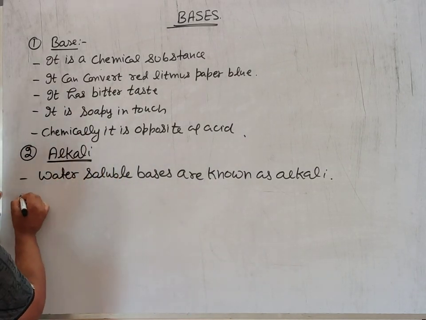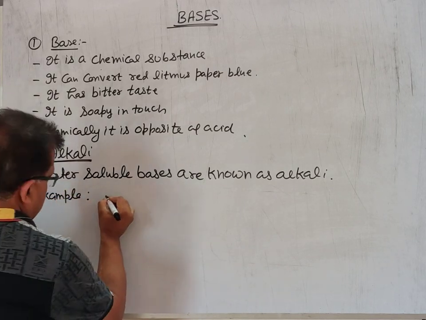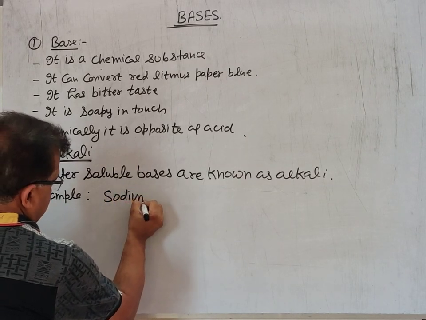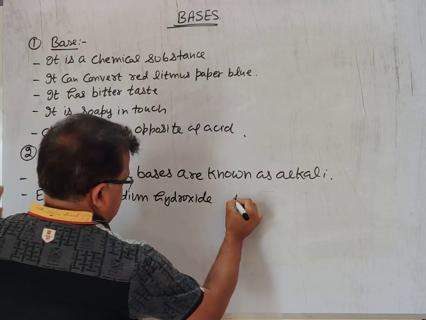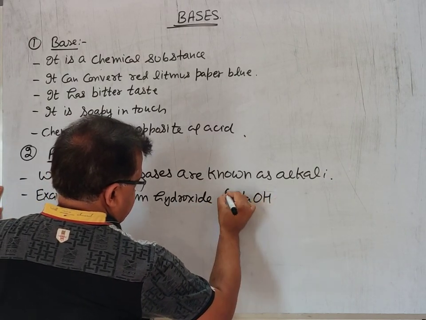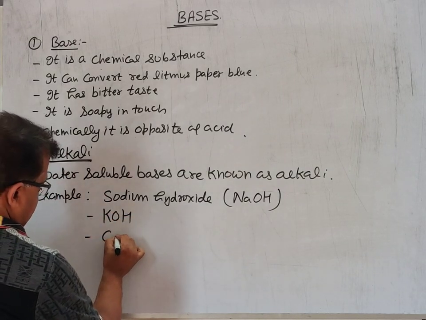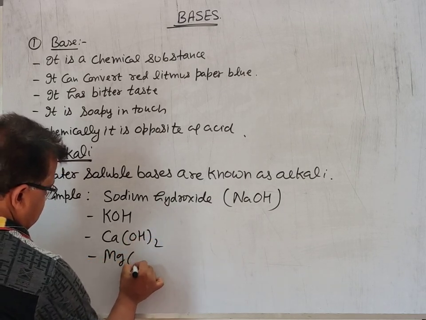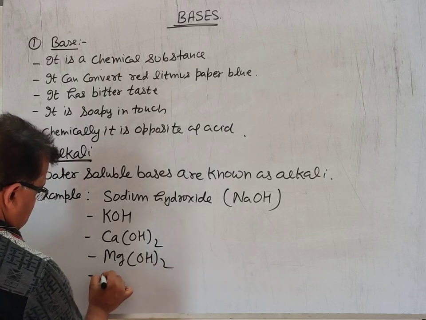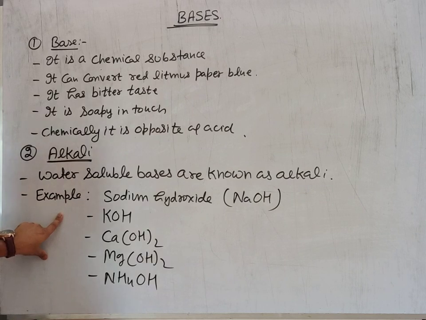For example, sodium hydroxide, that is NaOH, potassium hydroxide KOH, calcium hydroxide, magnesium hydroxide, ammonium hydroxide. All these are alkali as well as bases.